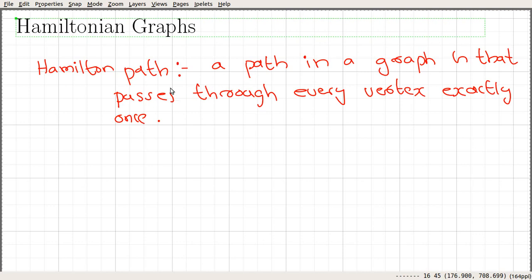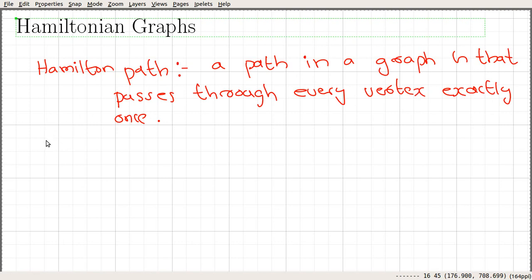So it is similar to an Euler path. In an Euler path, it's a path in a graph that passes through every edge exactly once. Here, a Hamiltonian path is a path in a graph that passes through every vertex exactly once.